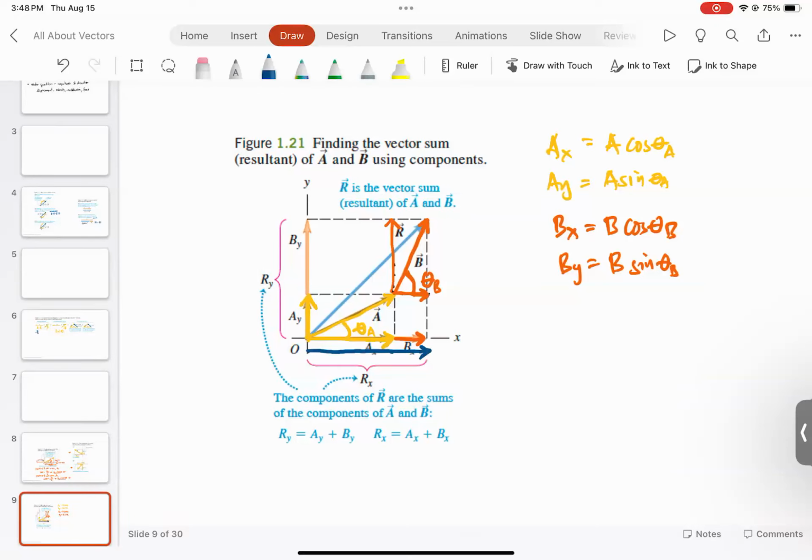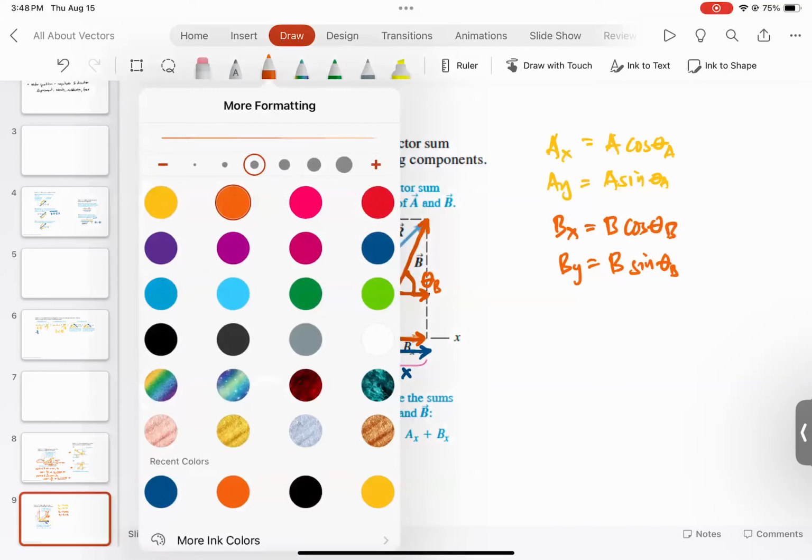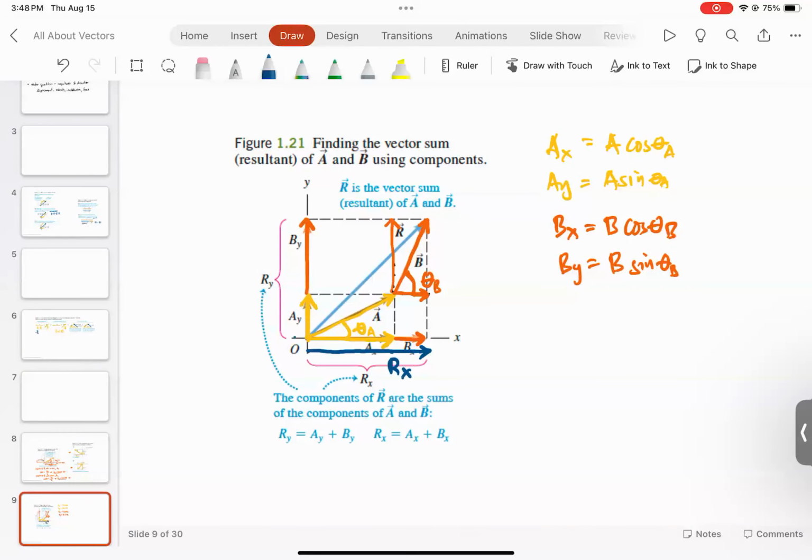So that will be the component of the resultant vector along the x-axis. Similarly, we're now adding, ilagay natin yung By dito, we're now adding Ay at saka By. And that will be the component Ry of the resultant vector.